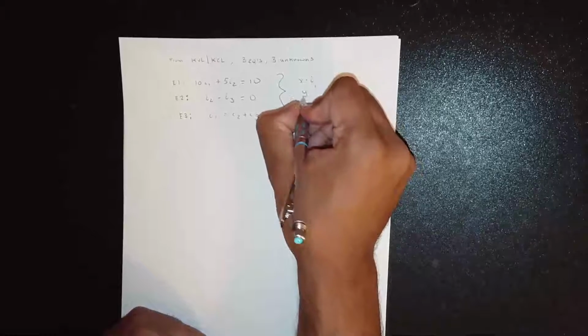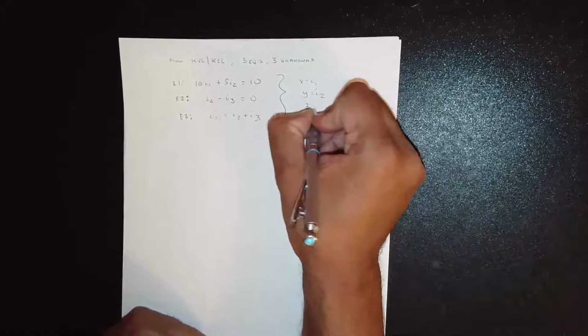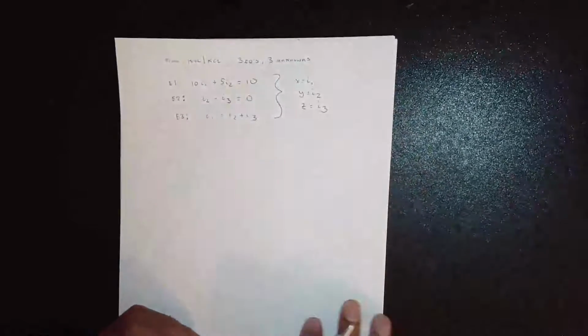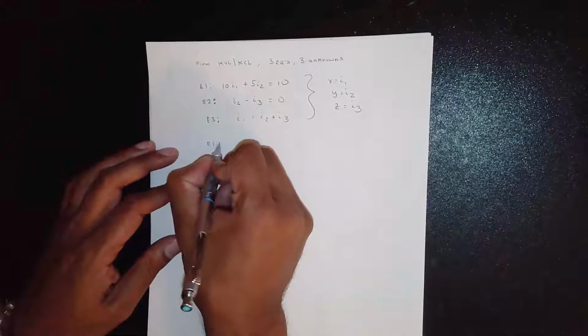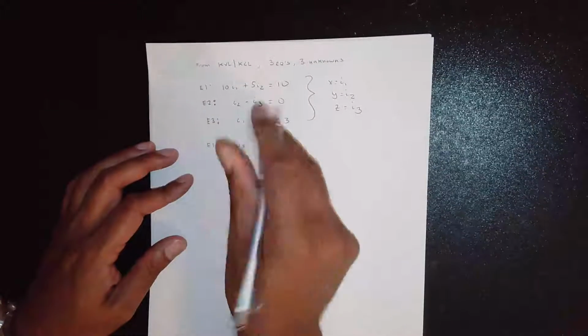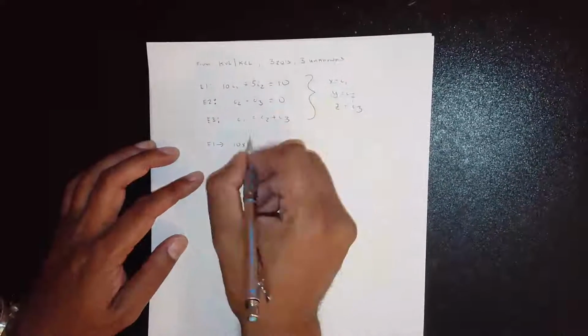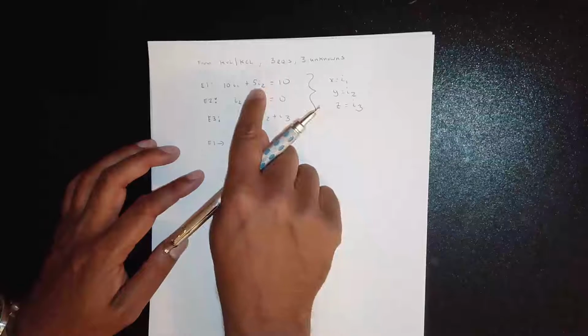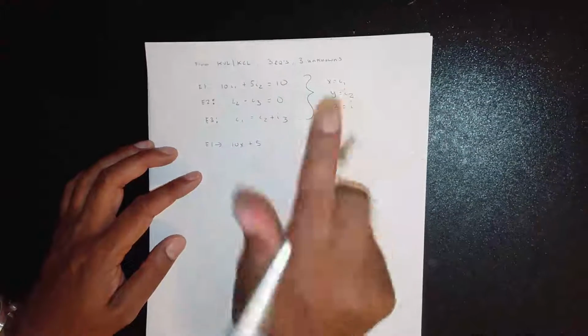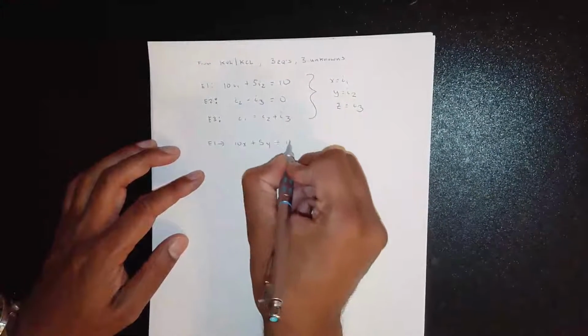Well, the first thing you'll notice is you want to flip this into x, y, and z. If you're not used to dealing with I1, I2, I3 like that, simply state x is equal to I1, y is equal to I2, and z is equal to I3. When you do that, your equation 1 now becomes 10x, because I1 is x, plus 5y, because I2 is y, is equal to 10.